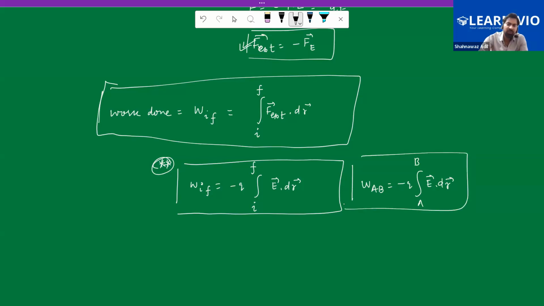Right. So the work done is dependent upon what? What can you guys tell me? Any guesses, guys? What would be this work done?